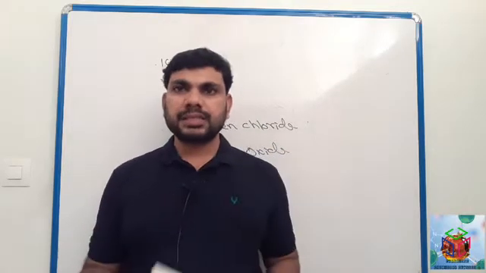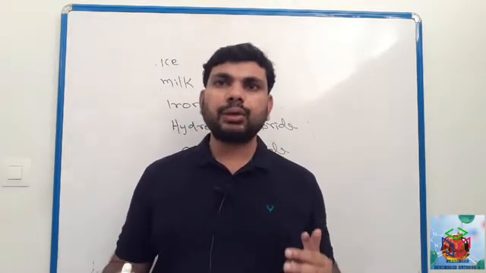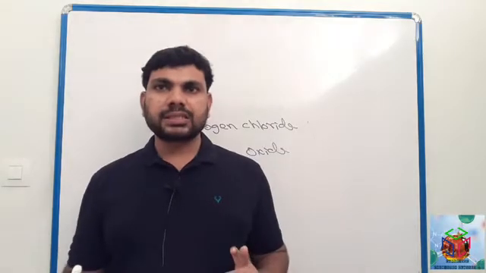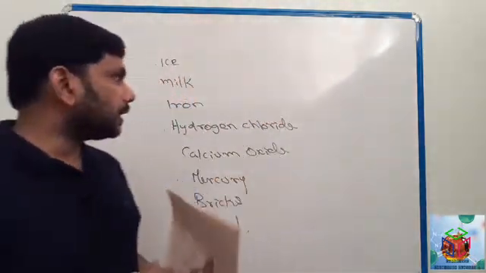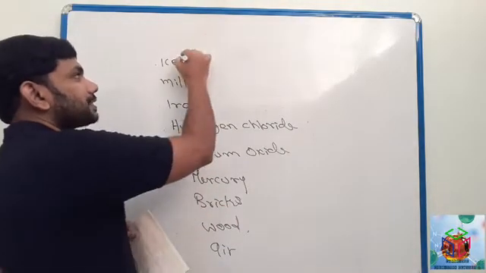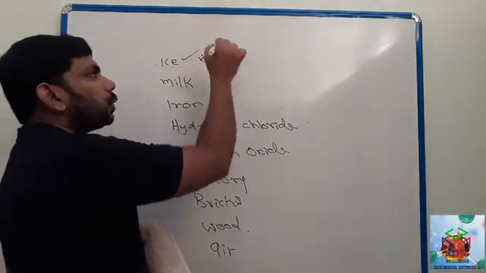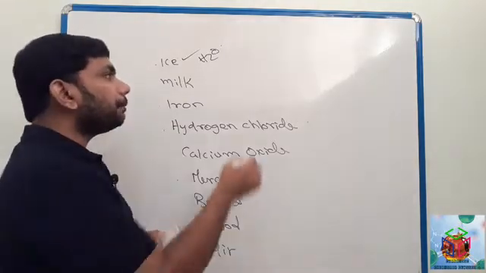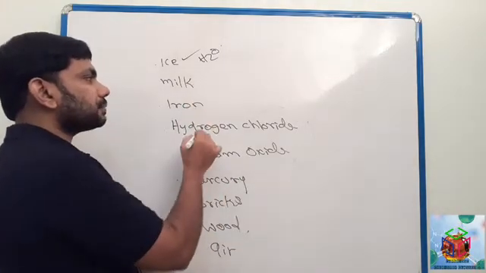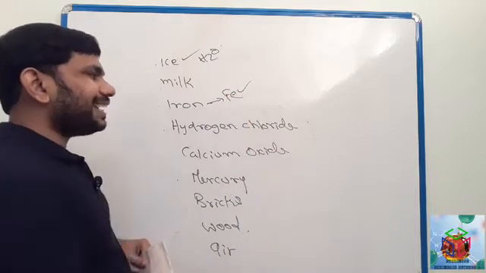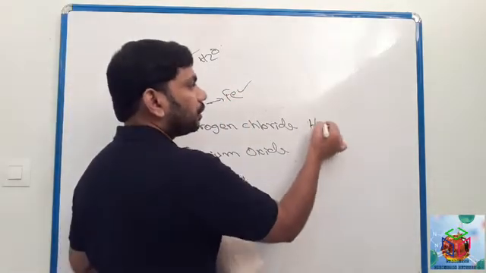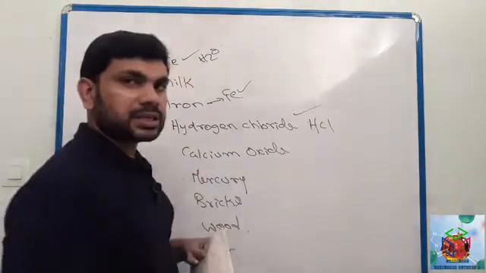are pure substance. Pure substance means we know only one type of substance. Okay, elements or compounds are pure substance. So see here, ice means there is only H2O, it is pure substance. Milk, it is mixture, not pure substance. Iron, it is element, pure substance. Hydrogen chloride, it is compound, it is pure substance.